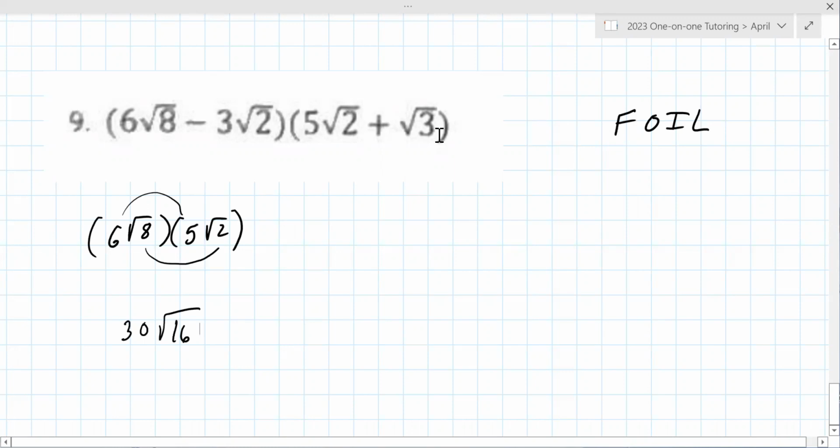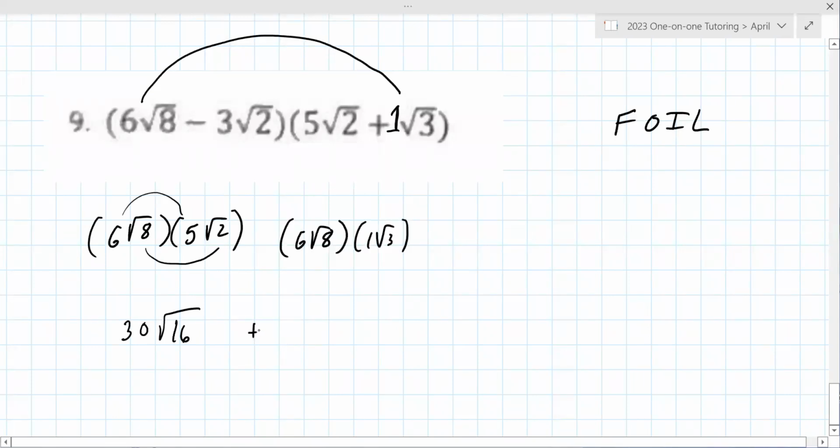Now for the next one, for the O, there's really a 1 in front of the square root of 3. It's sometimes good to write that because you're going to take the 6 square root of 8 and multiply it by 1 square root of 3. What does that become? 6 square root of 24. Good.